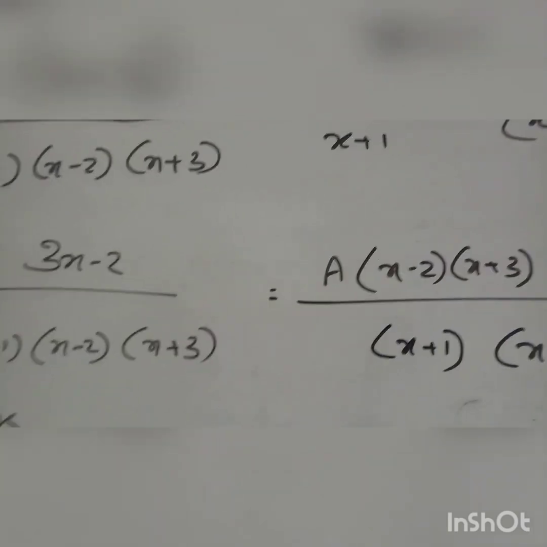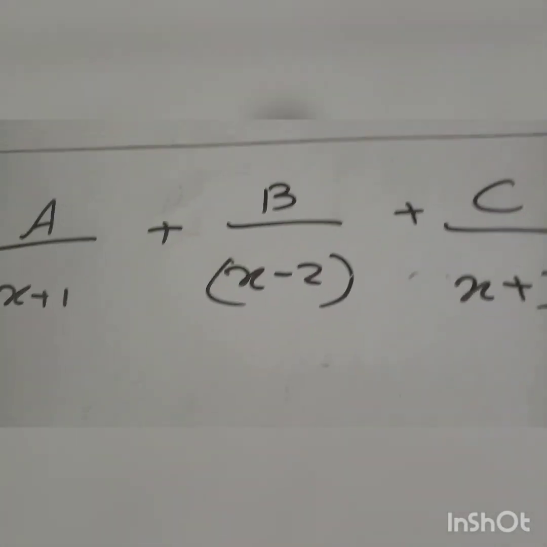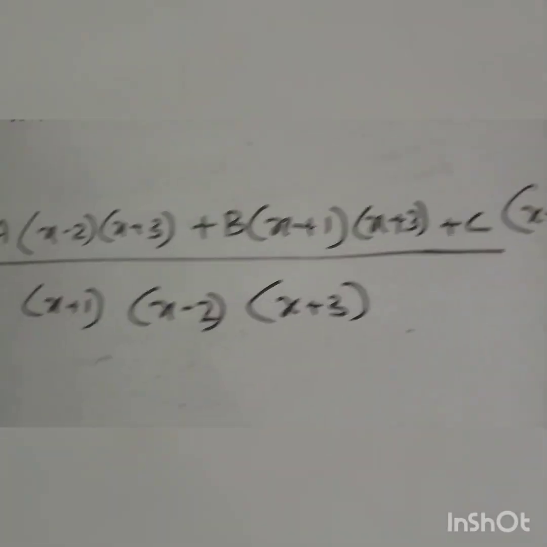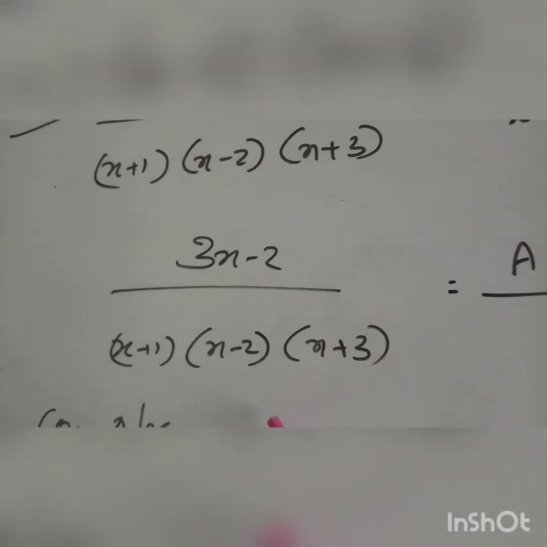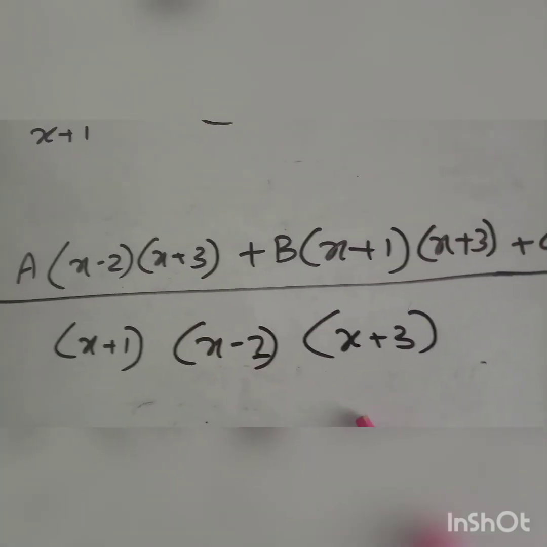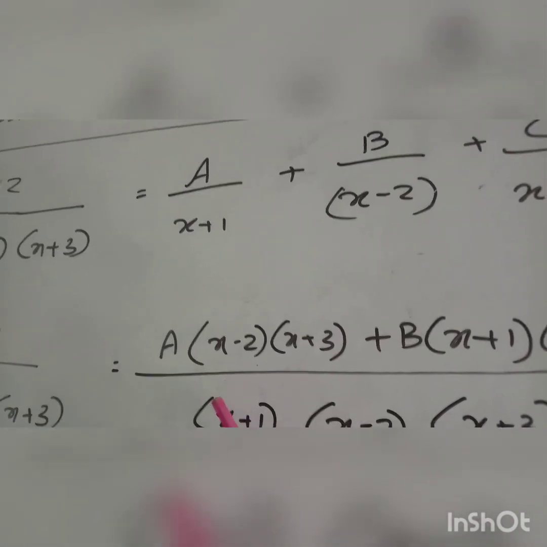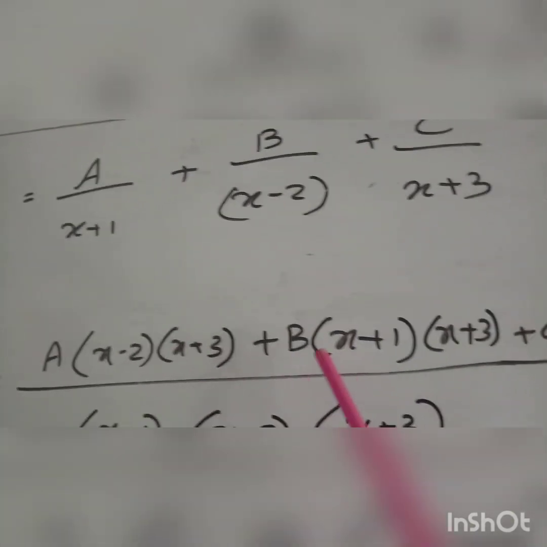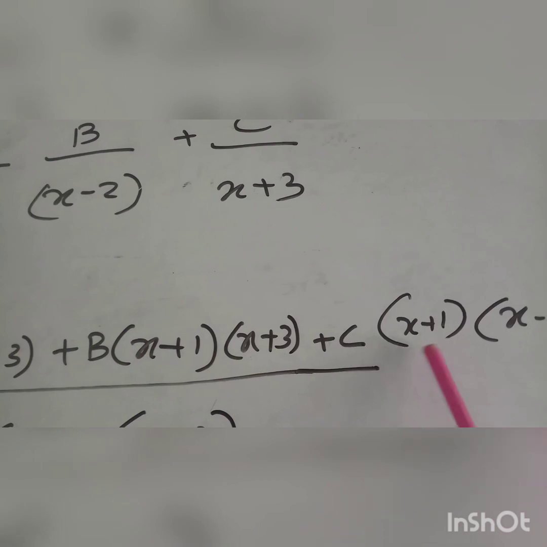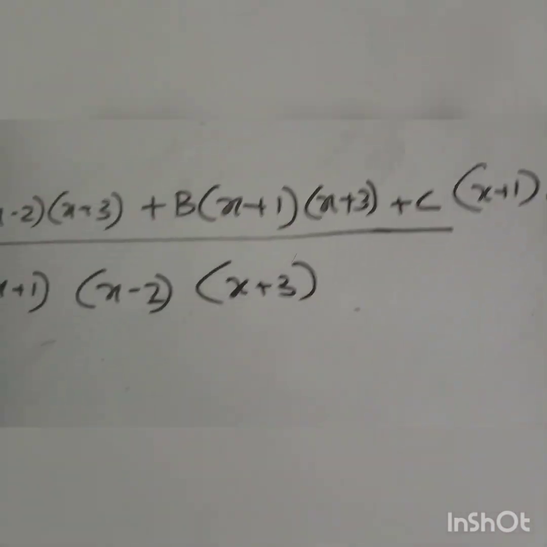To find the values of a, b and c, let us take the LCM of the right hand side. The left side is the same, and on the right side take (x + 1)(x - 2)(x + 3) as LCM, with a along with (x - 2)(x + 3), b with (x + 1)(x + 3), and c with (x + 1)(x - 2).